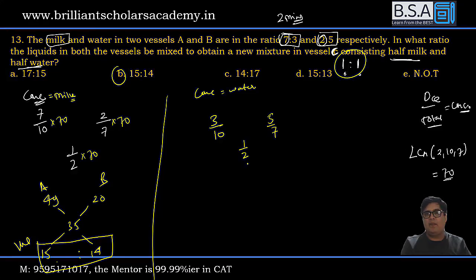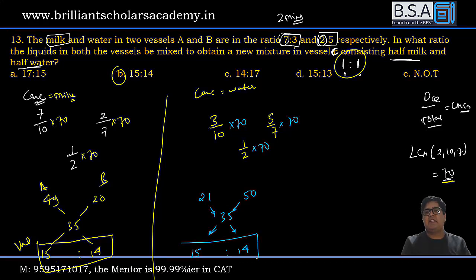Same problem. You have to first cancel denominators. So multiply by 70. Cancels 21, cancels 10 into 5, 50, cancels 35. Look at the gap. 50 and 35, gap of 15. 21 and 35, gap of 14.